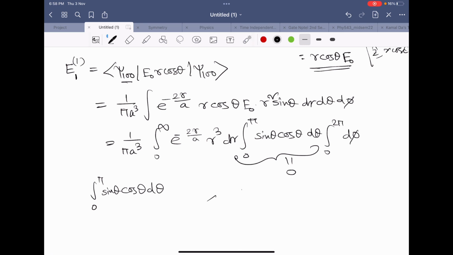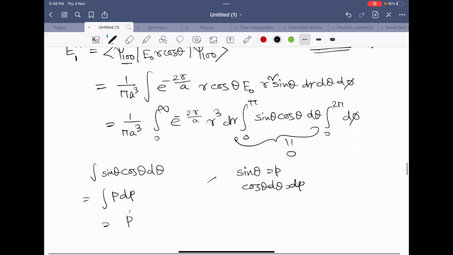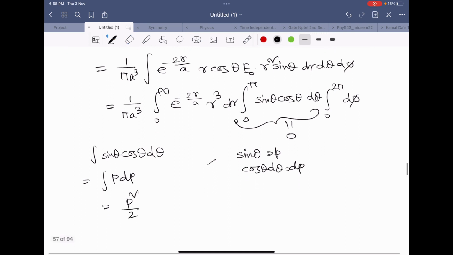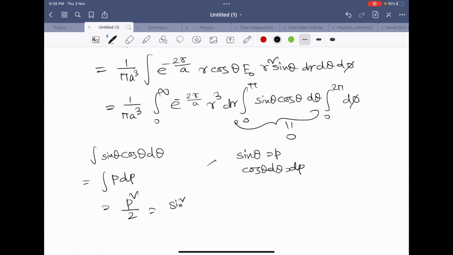Just replace sine theta as p, then cos theta d theta is dp. So if we first do the integration and then change back from sine theta, this is p dp, then it is p square by 2, and if we change it again, it will be sine square theta by 2, with limits from 0 to pi, and this is definitely 0 because sine pi and sine 0 are both 0.